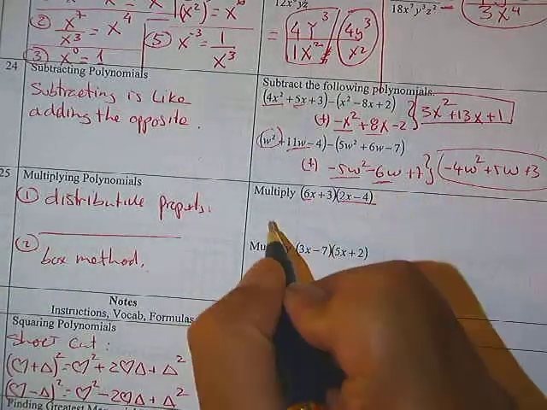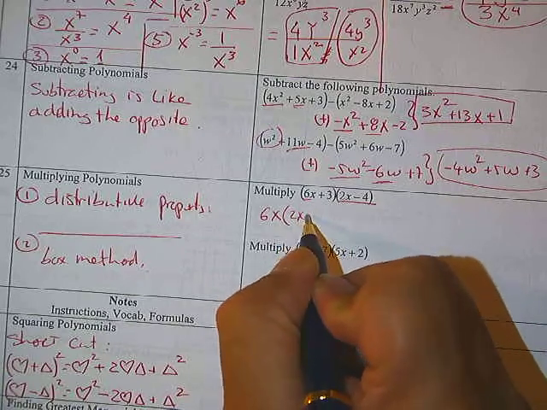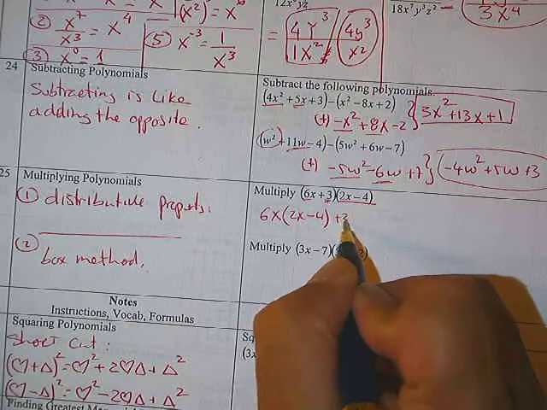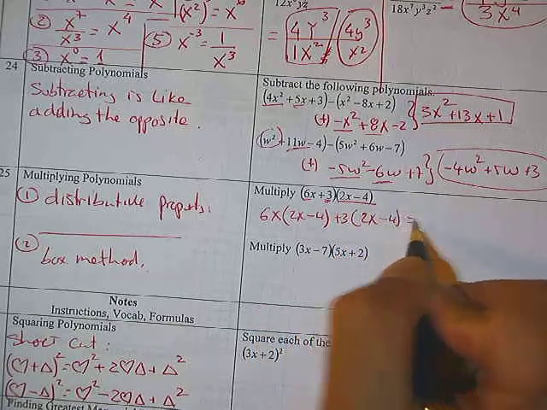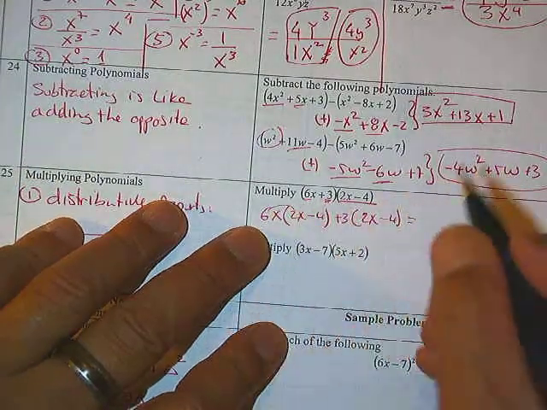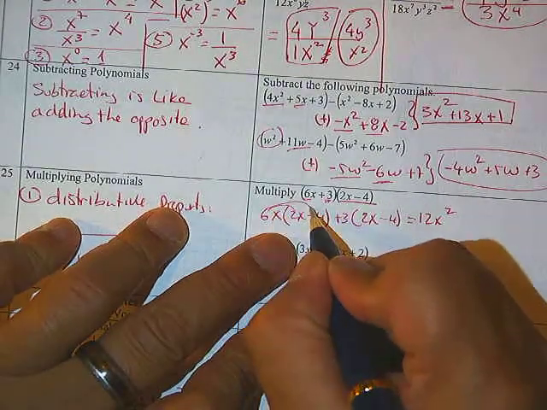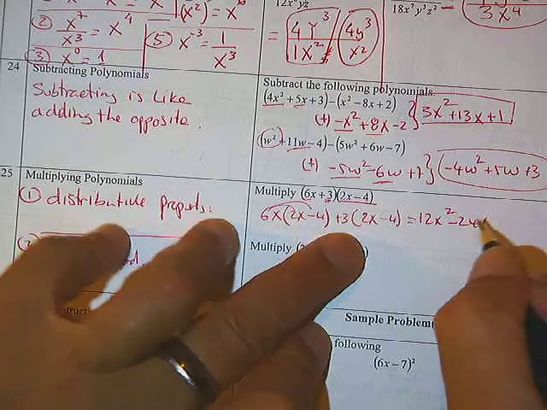And then when you multiply these polynomials, you can do it by distributive property or use the box method. They're both good. So you can think that 6x times all that. So 6x times 2x minus 4. And then it's plus 3 times all that, it still is 2x minus 4.